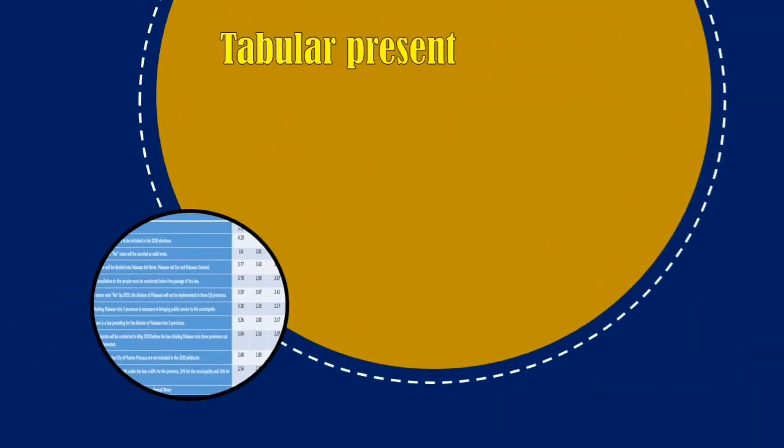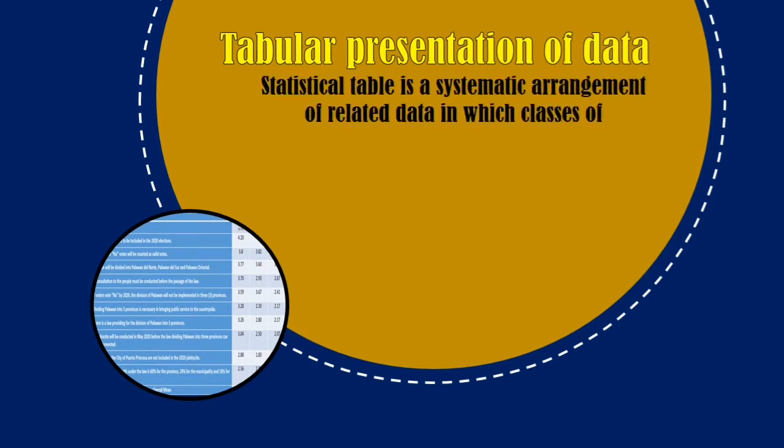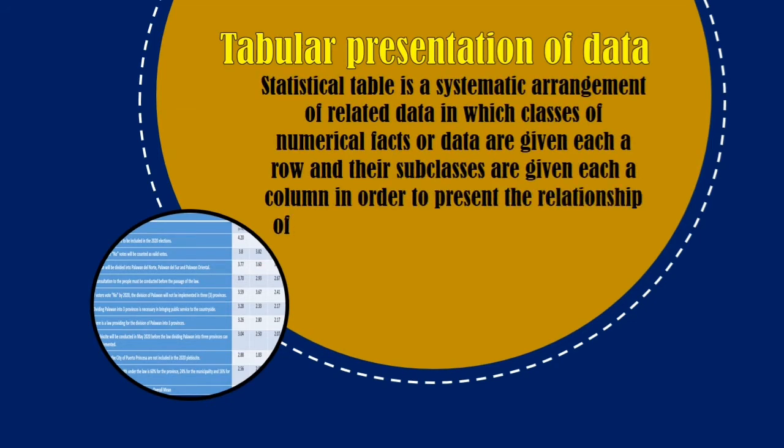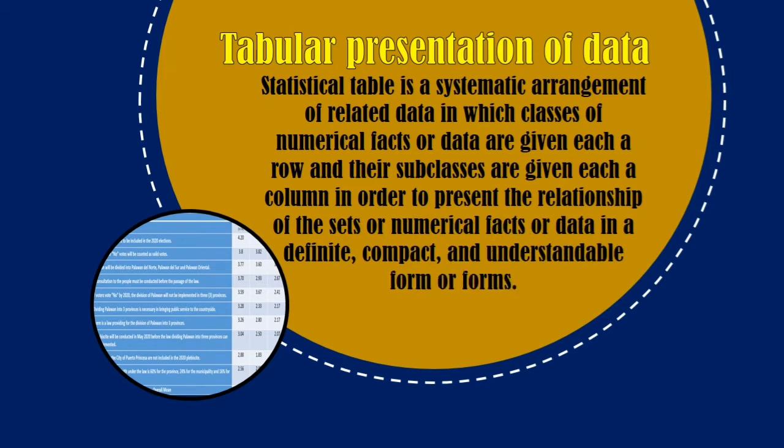Now, how about the tabular presentation of data? This is a statistical table, which is a systematic arrangement of related data in which classes of numerical facts or data are given in each row and their subclasses are given in each column, in order to present the relationship of the sets of numerical facts or data in a definite, compact, and understandable form.